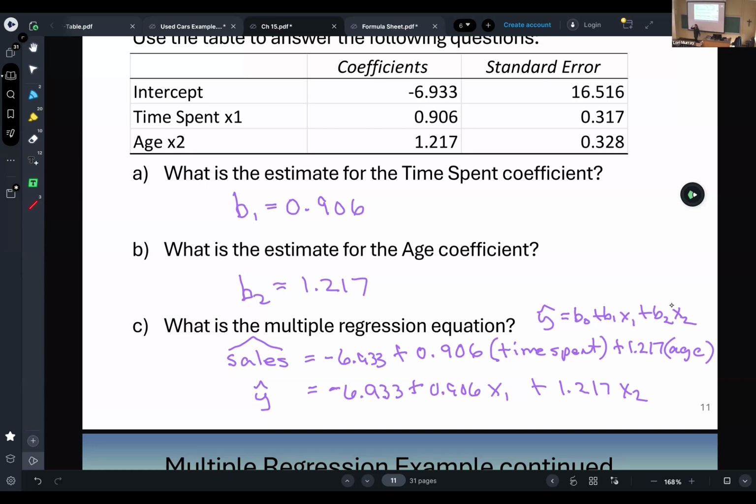I'm actually working on a research project for emergency medicine, and I'm going to give it to the doctors in words because they won't know the notation. Sometimes that is handy in a report. You can say, well, sales is equal to negative 6.933 plus 0.906 times time spent plus 1.217 times age.